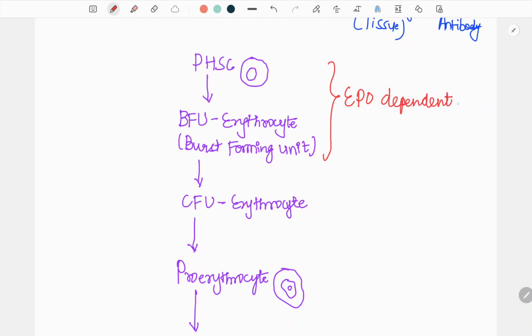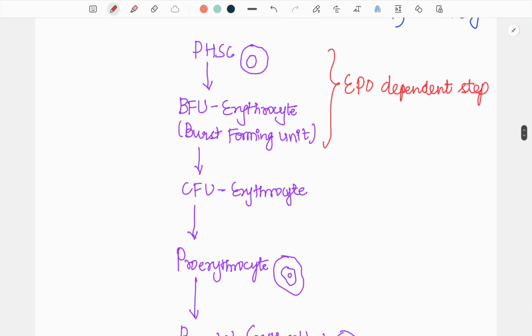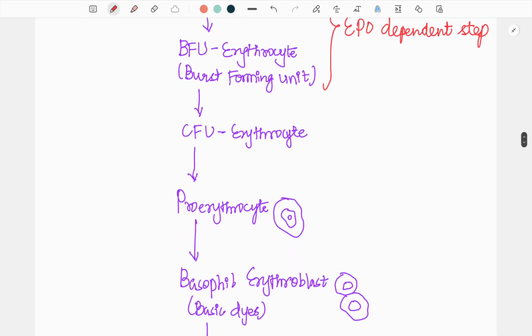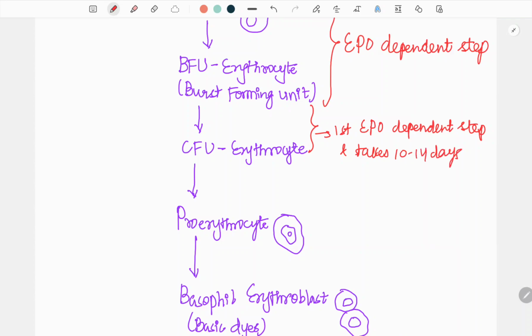This you need to know. Then this transformation from BFU to CFU is the first EPO dependent step, and it takes nearly 10 to 14 days.